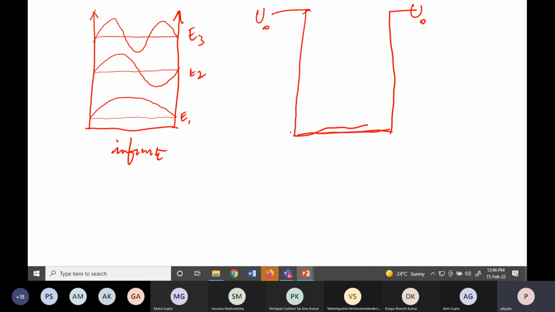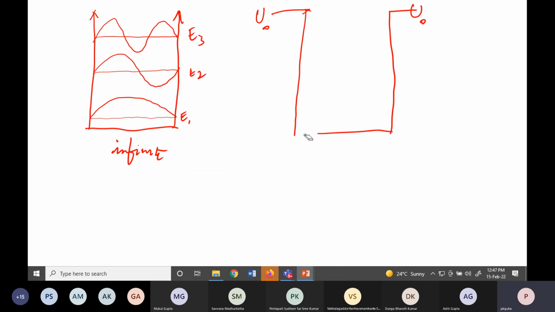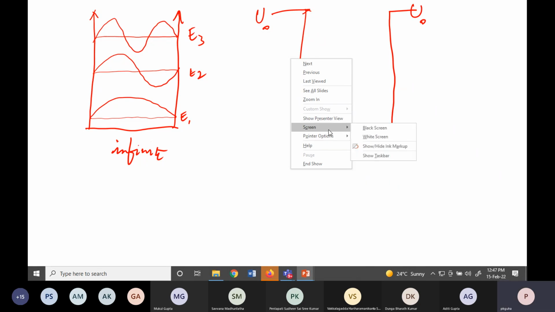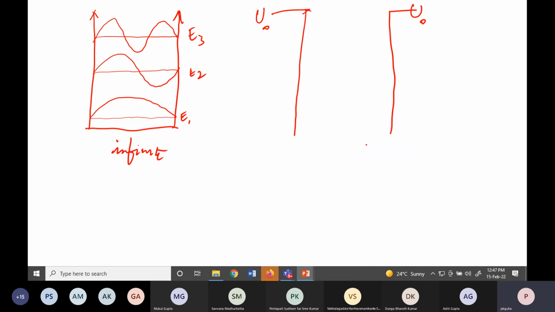So these energy levels in the finite potential well will be lower.